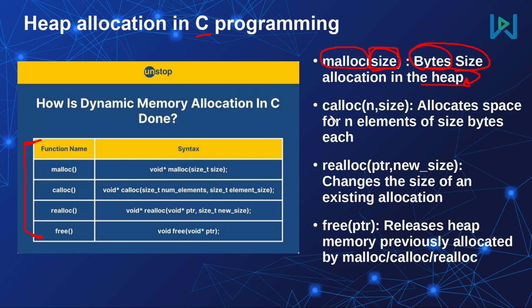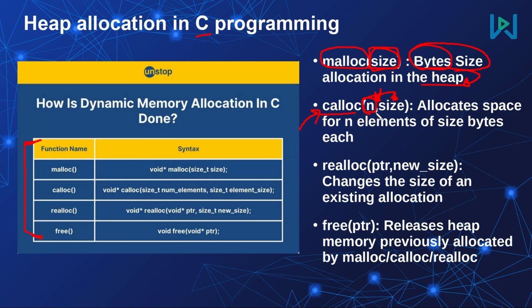If we want to allocate space within our heap memory based on the number of elements, then we can use this calloc C function. So this function will allocate the size of each element times the total number of elements to be allocated within the heap.